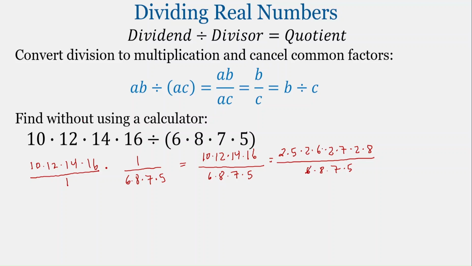So that 6 cancels out. The 8 cancels out. 7 and 5. And that leaves us with 2 times 2 times 2 times 2. 2 times 2 is 4, times another 2 is 8, and then a fourth time is 16. So the answer to this complex problem is 16.